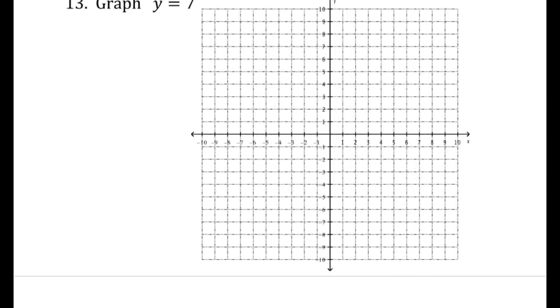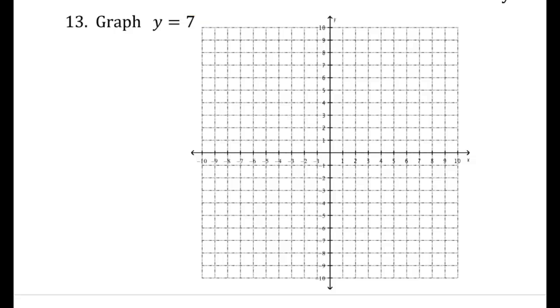Okay, y equals 7. What kind of line is that? And what's the slope? So this is the same as y equals 0x plus 7. So good idea to know that just by looking at this, it's horizontal.